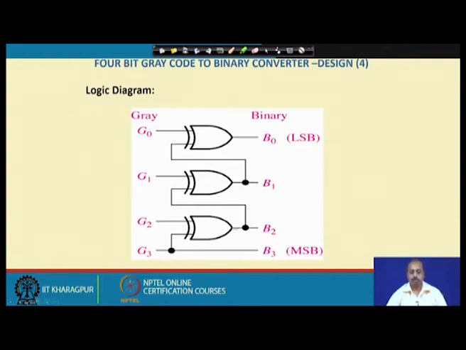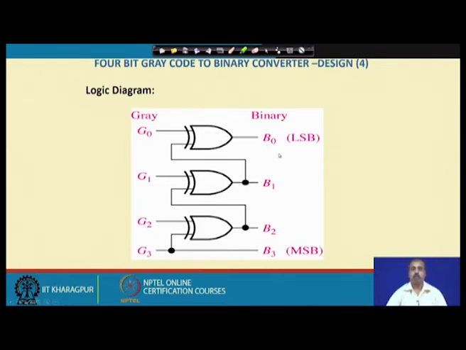To simplify, G2 XOR G3 has already been computed in B2. So, this B2 is taken here, and we do G1 XOR B2 to get B1. Similarly, for getting B0 I need to XOR all of G0, G1, G2, G3. B1 already has G1 XOR G2 XOR G3, so that is XORed with G0 to get B0.